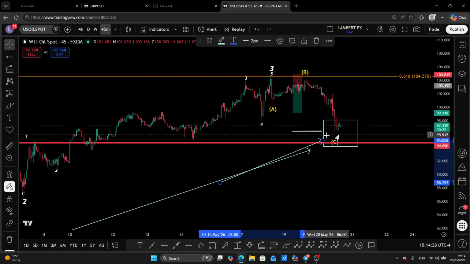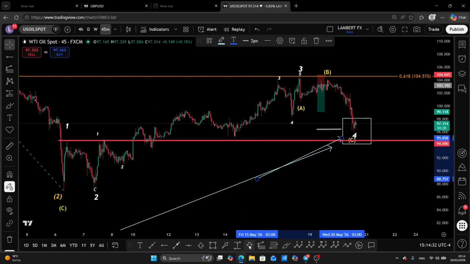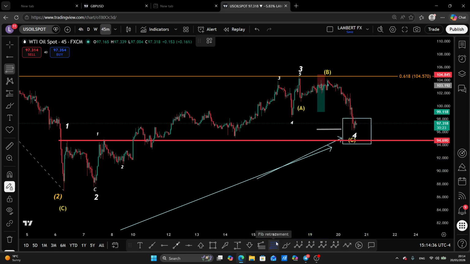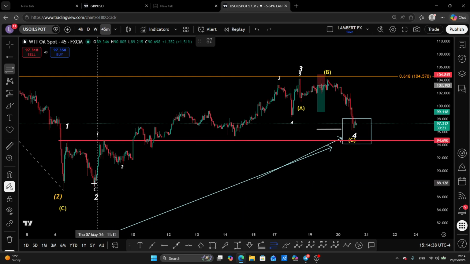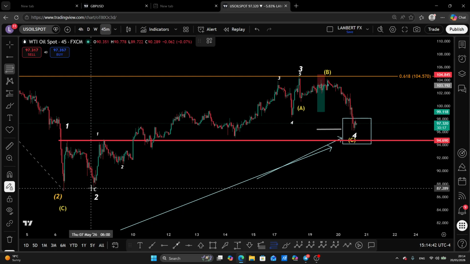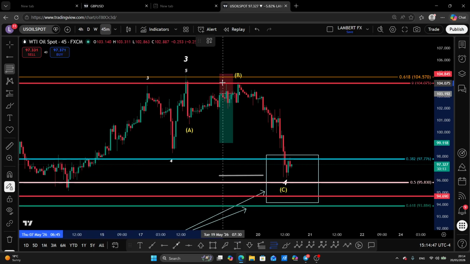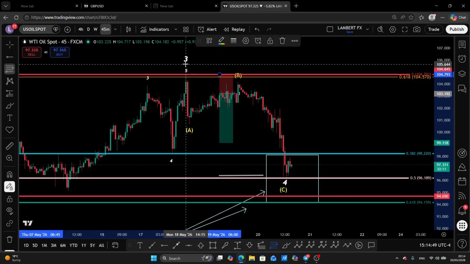The reason why I marked this box is because to know where your 4 is likely to finish, all you need to do is take the Fibonacci retracement. You measure from the 2 to where the 3 completed, this 3 here.